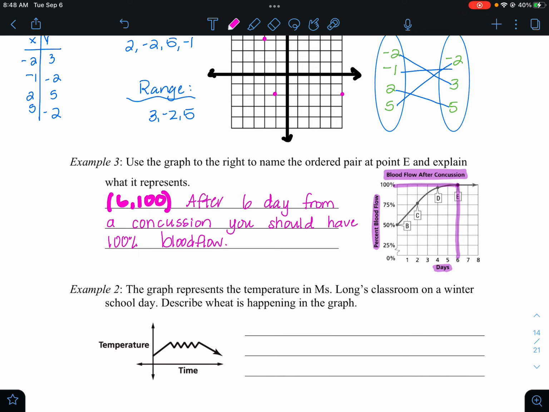Okay, according to this chart. All right, so that's all we do. How can I look at this graph and figure out what an ordered pair would represent?